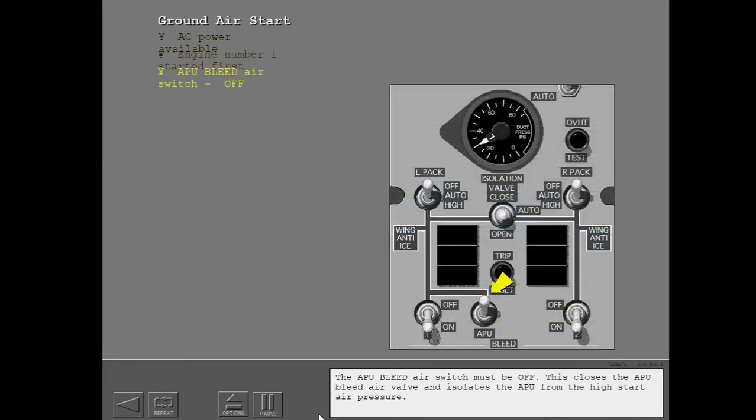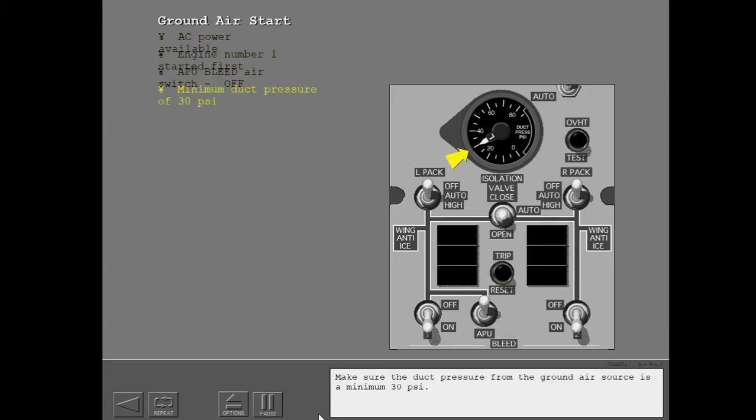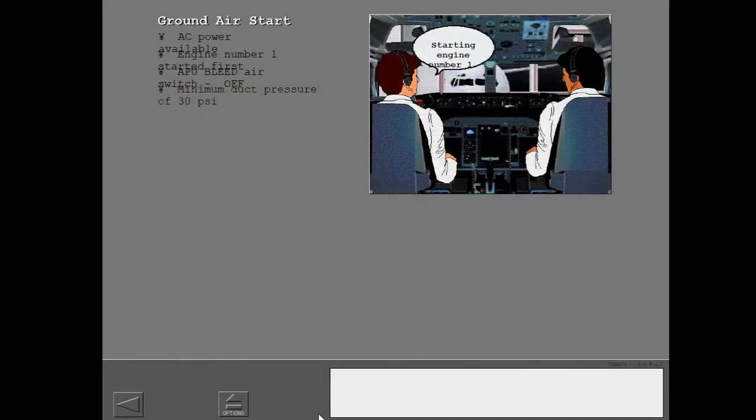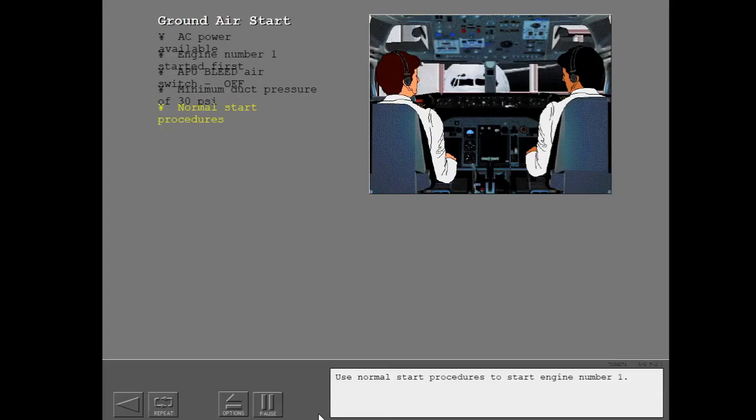The APU bleed air switch must be off. This closes the APU bleed air valve and isolates the APU from the high start air pressure. Make sure the duct pressure from the ground air source is a minimum of 30 psi. Use normal start procedures to start engine number 1.